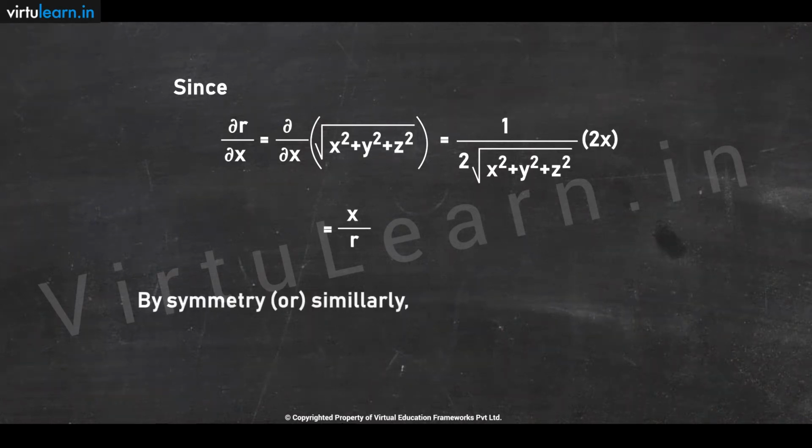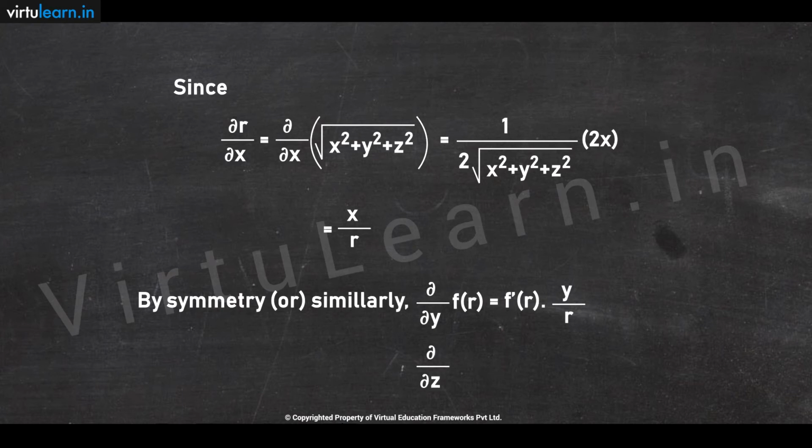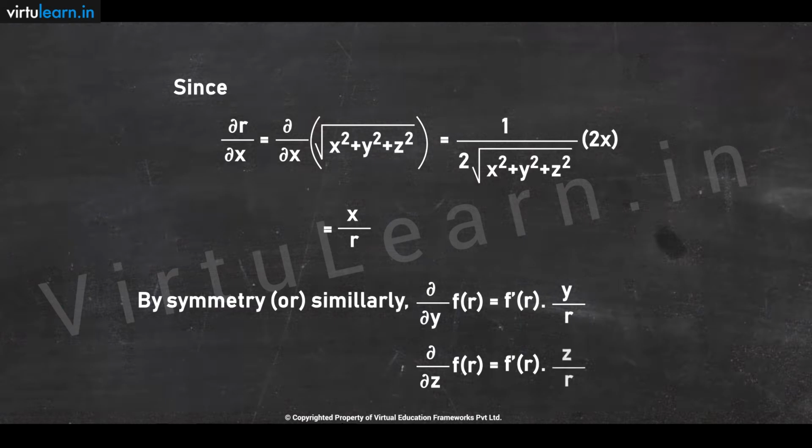By symmetry, we will be able to write dou by dou y of f(r) is equal to f dash r into y by r. Dou by dou z of f(r) is equal to f dash r into z by r.